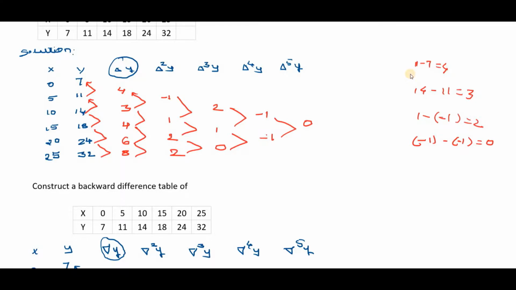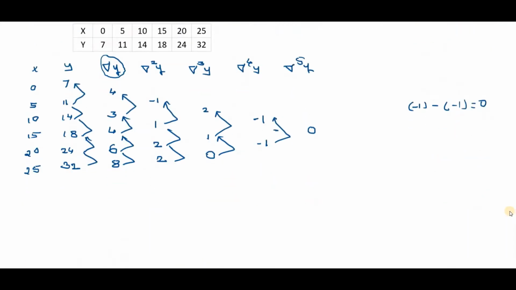In case of the forward difference table, these values are called the leading forward values, whereas in case of the backward difference table, these values are called the leading backward difference values.